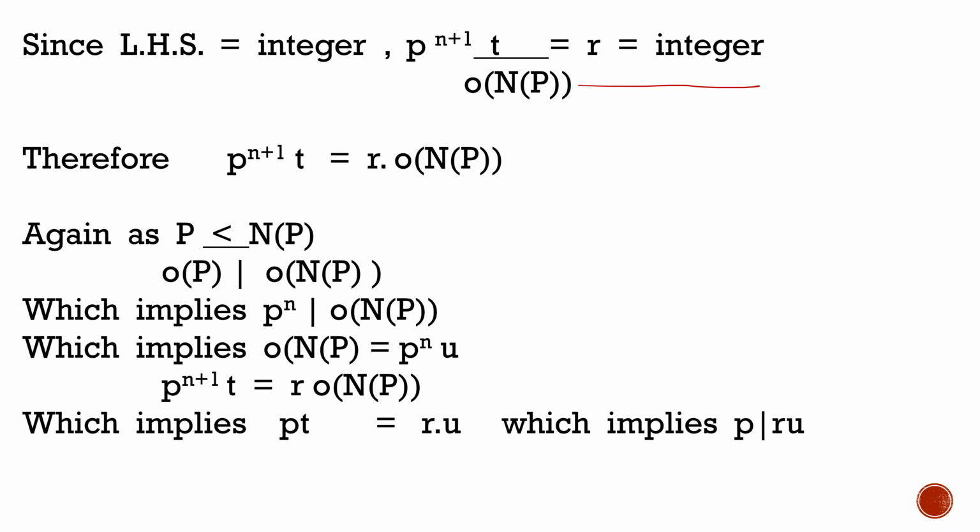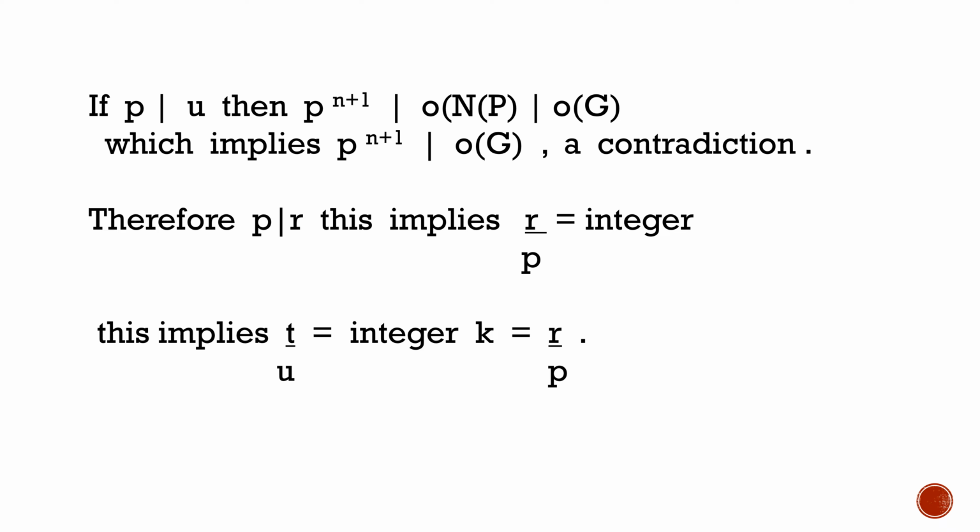Again, as P is less than or equal to the normalizer of P, the order of P divides the order of the normalizer of P, which implies that p power n divides the order of the normalizer of P, which implies the order of the normalizer of P is equal to p power n times u. p power n plus 1 times t is equal to r times p power n times u, which implies pt is equal to r times u, which implies that p divides ru.